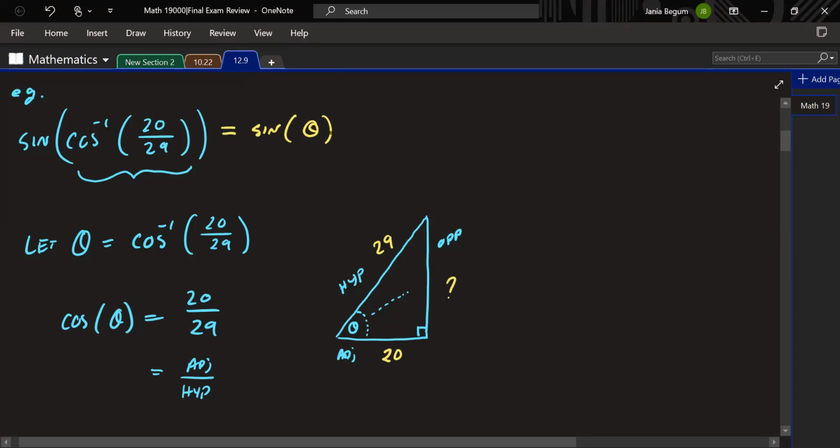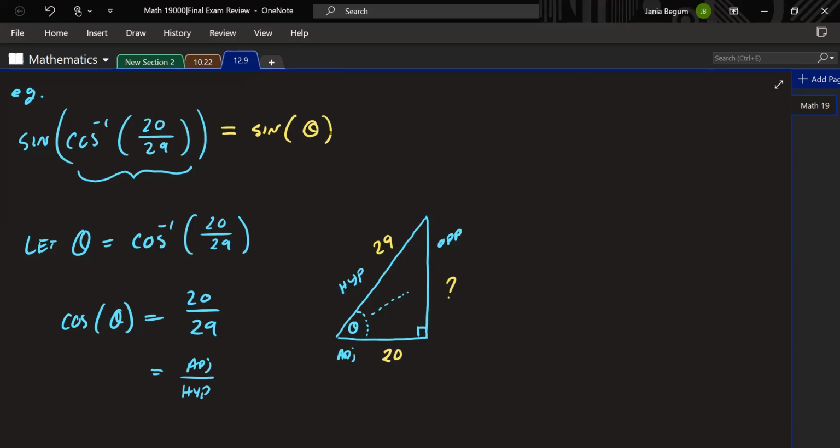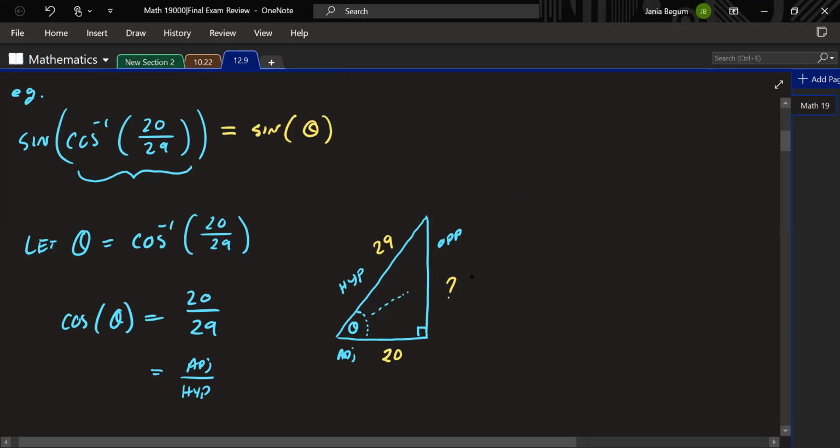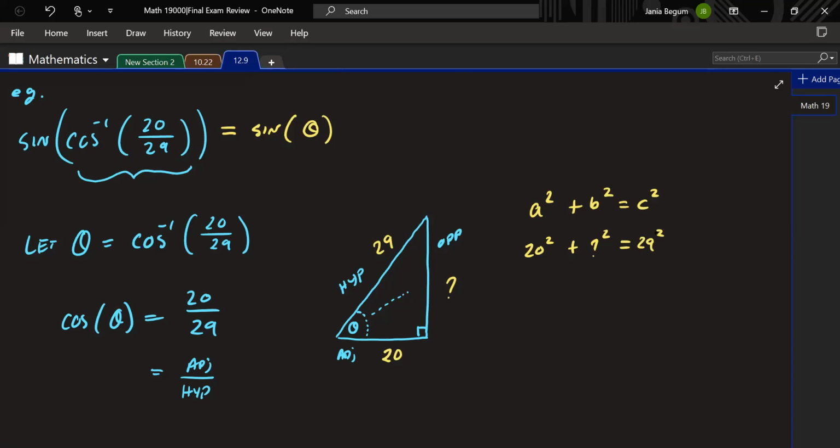But we don't want to use any unknown in our answer, because we know how to find this unknown side by Pythagorean theorem. We're missing one of the legs. So a squared plus b squared is equal to c squared. Let's call the missing length b. So a squared, that's 20 squared, plus question mark squared is equal to 29 squared. And that will allow you to find the question mark.